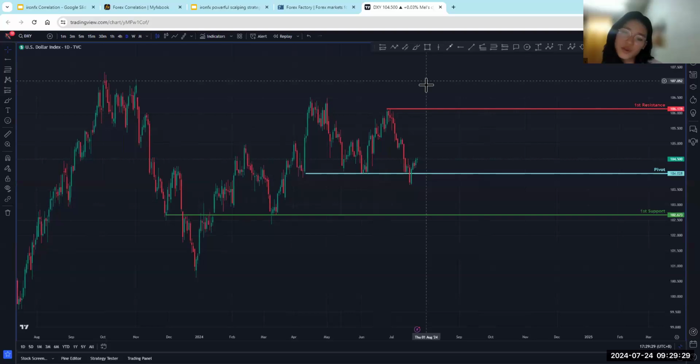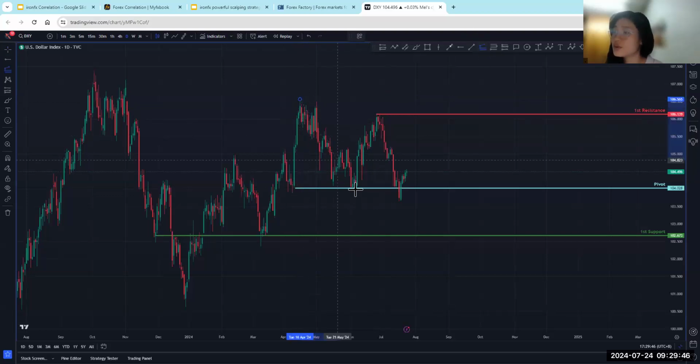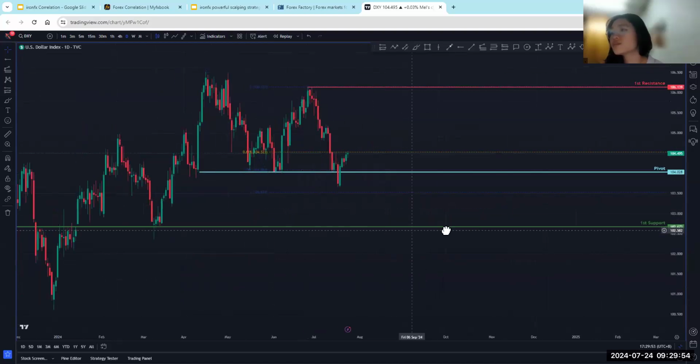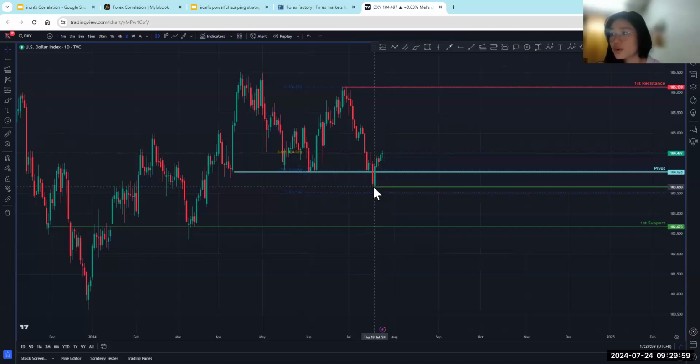Next we're going with our Fibonacci levels to support these horizontal levels. I'm going to start off with projection. You can see that at this 100%, price actually tested this level before, and it's been tested a couple of times.